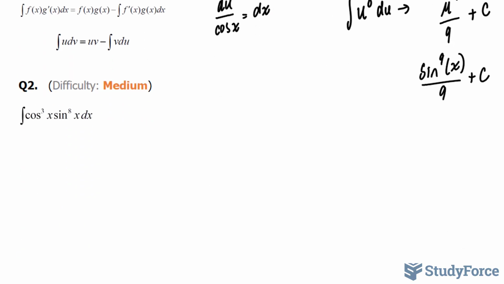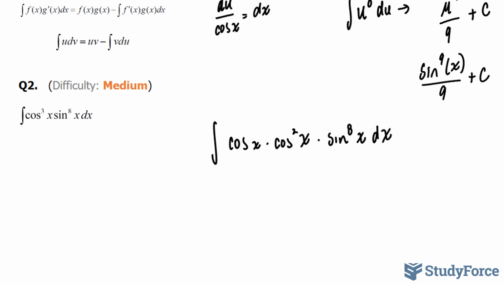So cosine to the power of 3x is the odd trigonometric function. I'm going to break cosine 3x into cosine times cosine squared x. So here's our new function, cosine x times cosine squared x times sine to the power of 8x dx.